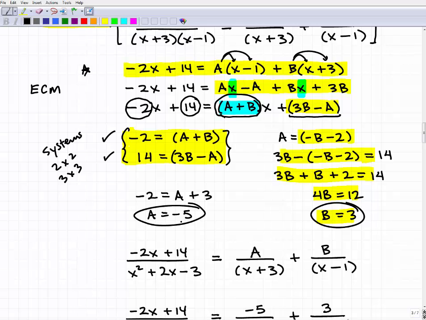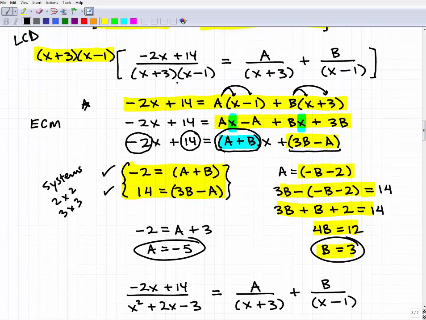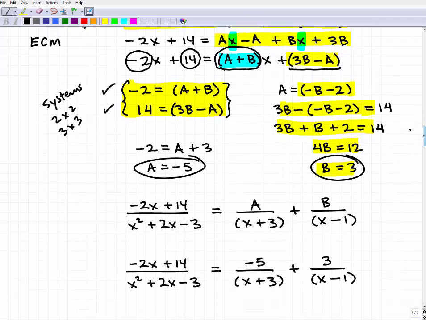So I know that A is equal to negative 5 and B equals 3, but what does this represent? So remember, in this problem, we wrote our general decomposition form, okay? When we did that, we used these variables A and B as a general form. What we're looking to find out is the actual values of those variables, and we just did that, right?